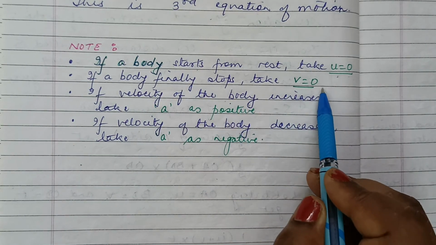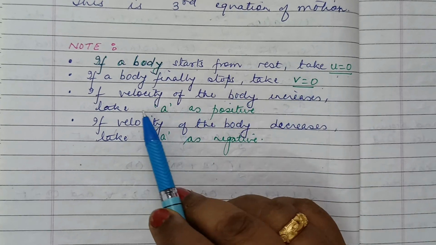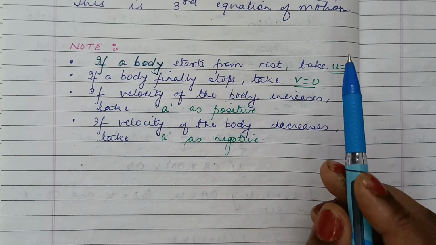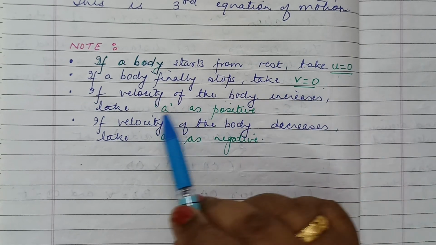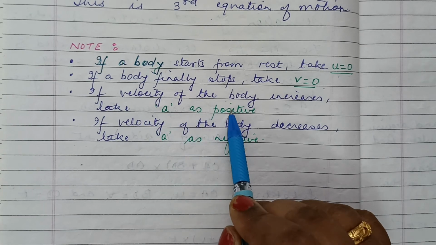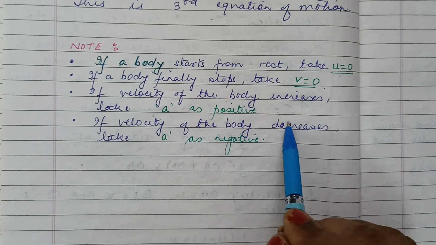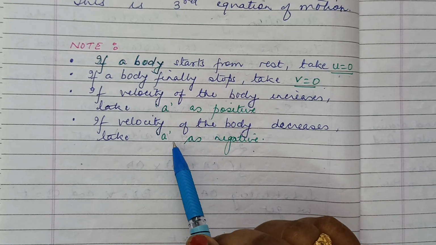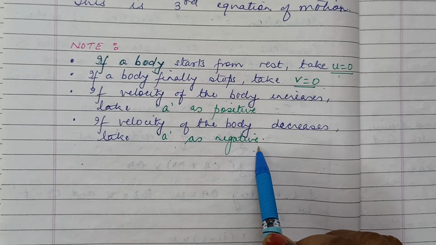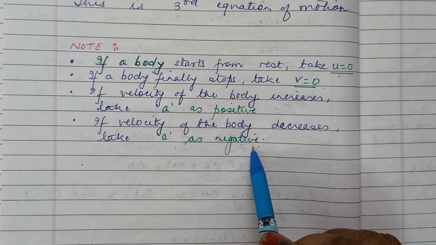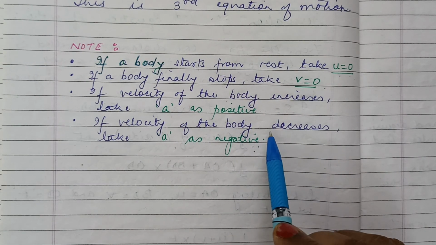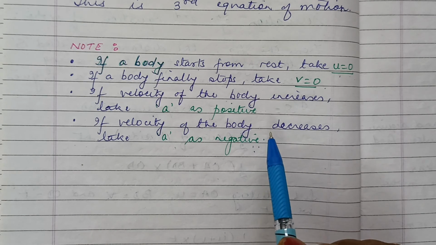So take V equals to 0 in that case. Now if velocity of the body increases with time, then take acceleration as positive, that is A as positive. And if the velocity of the body decreases with time, then take A as negative. Okay, so these are the 4 points which you have to understand and learn before solving the numericals.